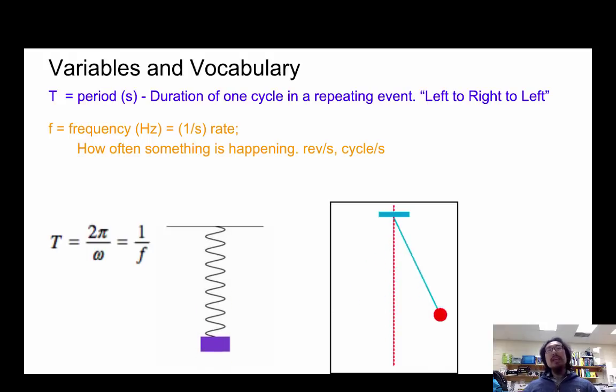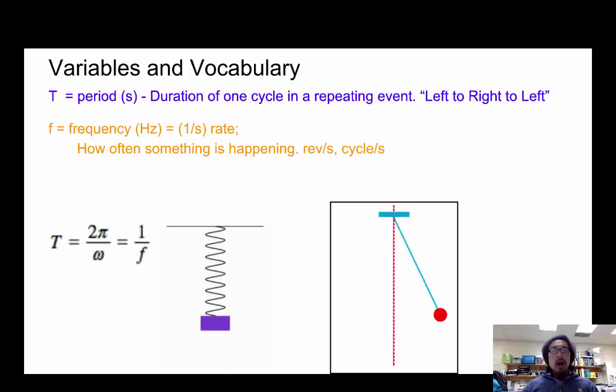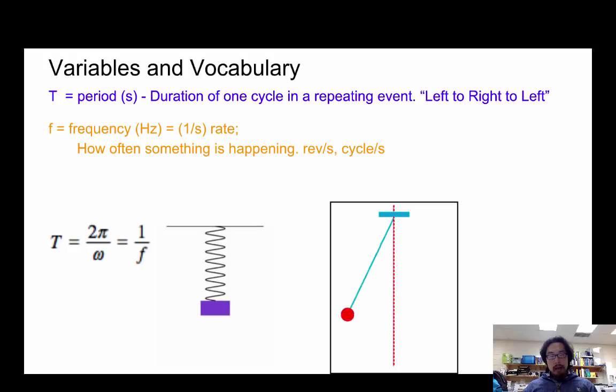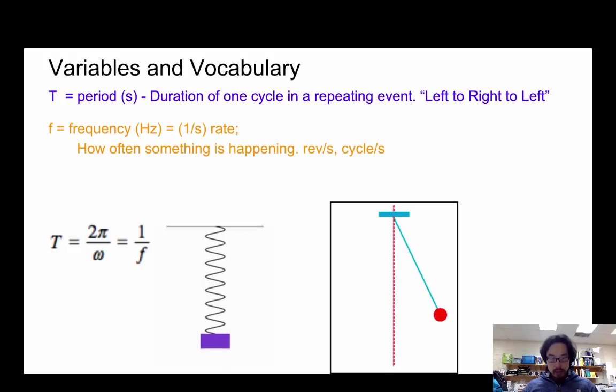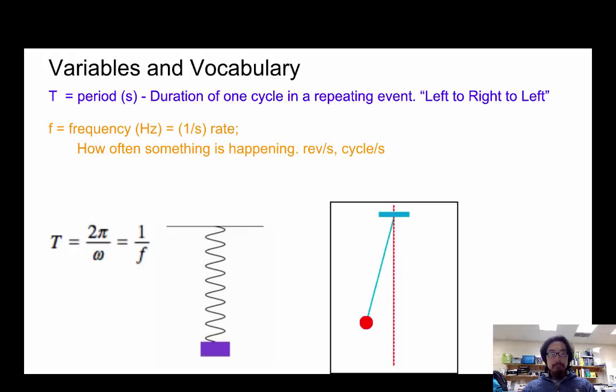Okay? So frequency is anything over seconds, and the equation is something that you can see down below. Frequency is equal to 2 pi over the rotational velocity, which is equal to 1 over the frequency.